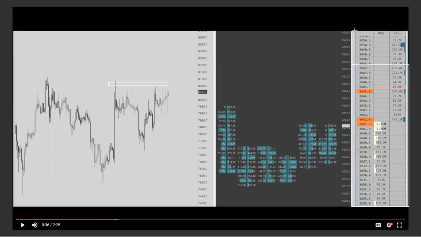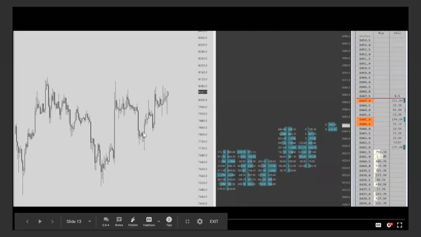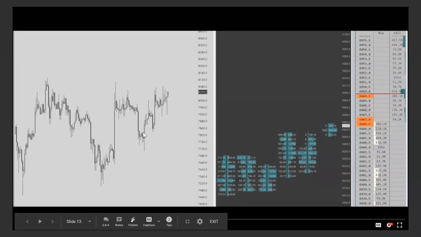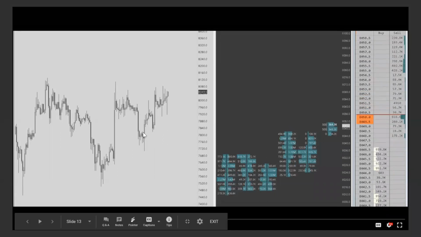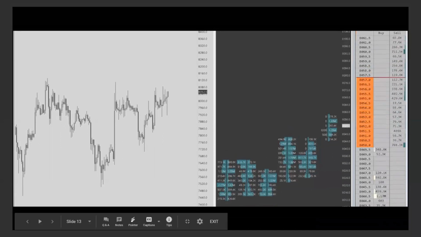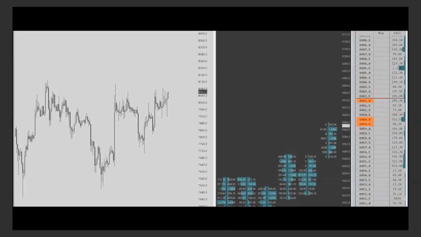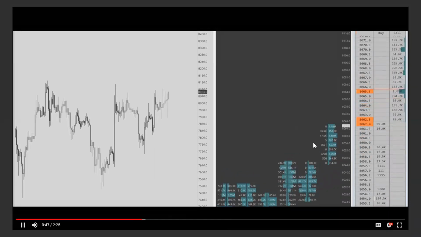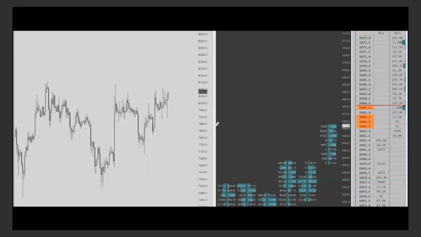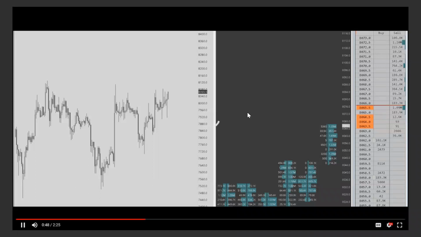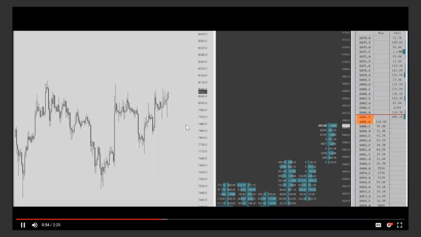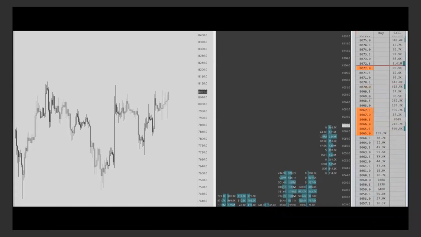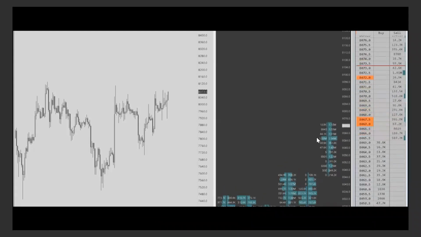What you'll notice is that as price starts breaking these highs up, you'll see a string of zeros on the bid side. Excuse me, I'm not sure why it's having trouble loading. You'll see a string of zeros on the bid side.